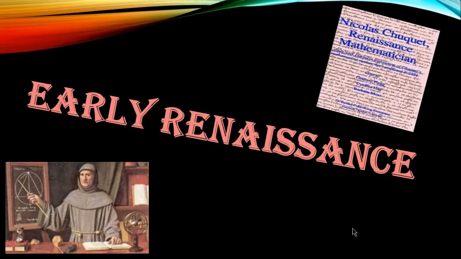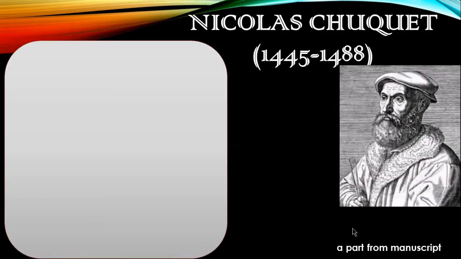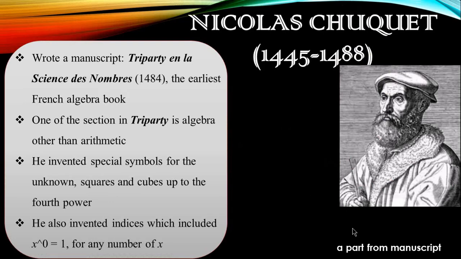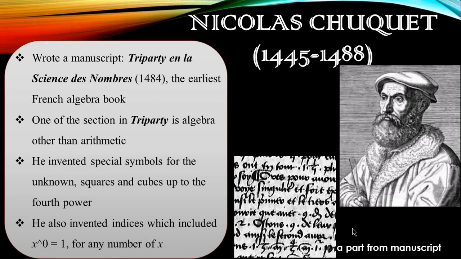For early Renaissance, the first mathematician is Nicolas Chuquet, who wrote a manuscript, Triparty en la science des nombres, in 1484, which was one of the earliest French algebra books. This is part of the manuscript, and besides algebra, he also invented symbols and indices.